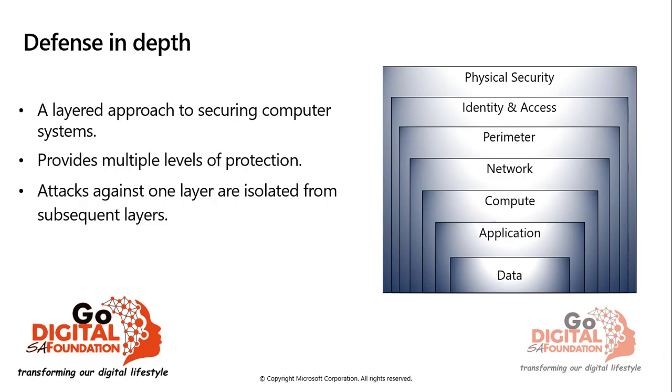So a brief overview of the role of each layer is that the physical security layer is the first line of defense in protecting computer hardware in a data center. And then we have the identity and access layer, which controls access to infrastructure and change control. That's where you use your single sign-on and your multi-factor authentication, just like how you saw yesterday when I was logging into my Azure portal.